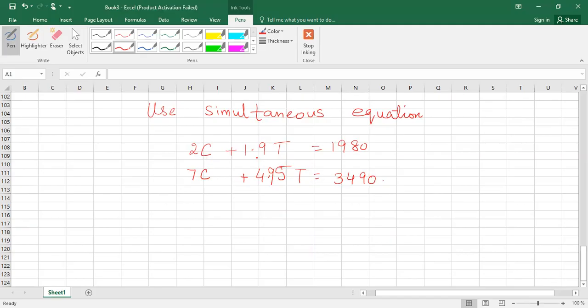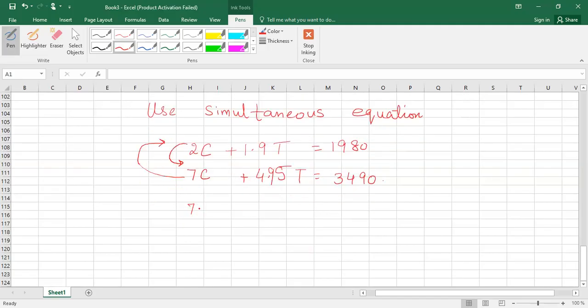So rather than put in too much effort to find a variable or a digit, simply multiply 7 with the above equation and 2 with this equation.